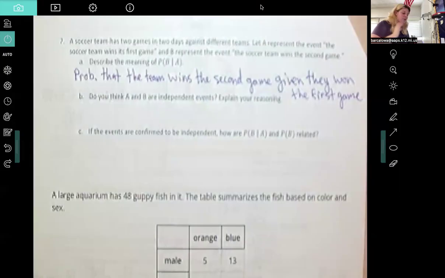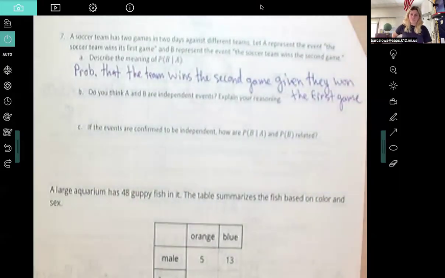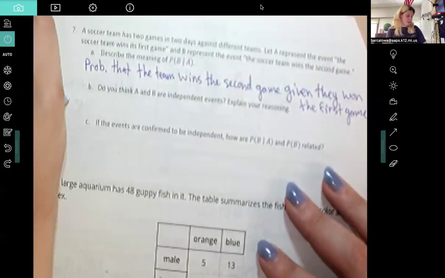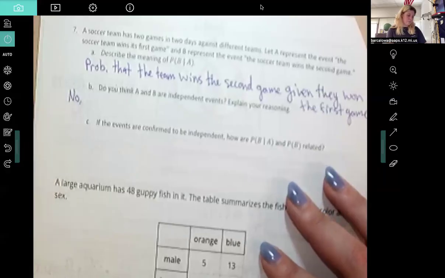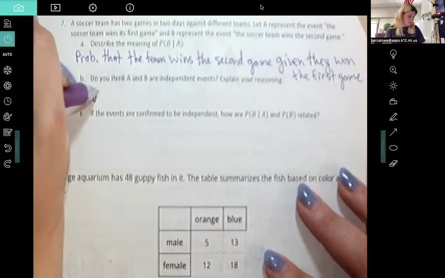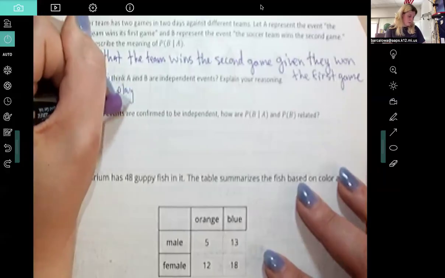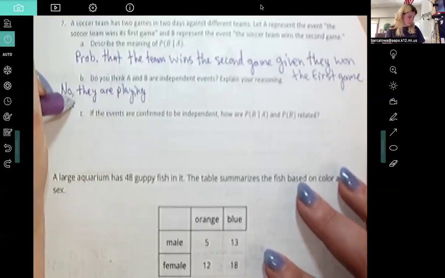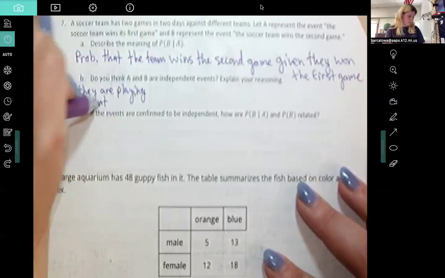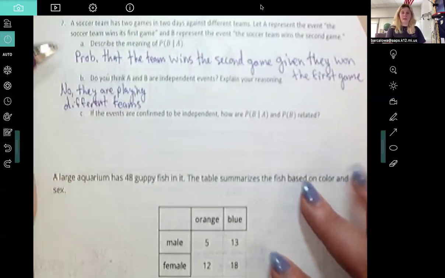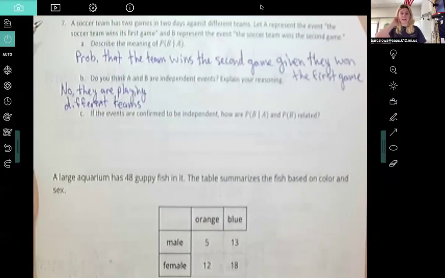Do you think A and B are independent? This is kind of an opinion one. Maybe not, right? Maybe we could say no, because they're playing 2 different teams. Like maybe we don't know one based on the other.